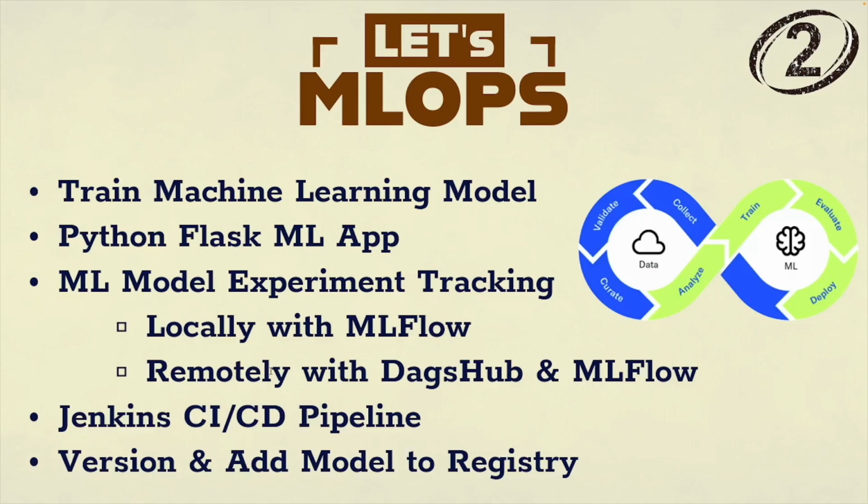To do the remote experiment tracking, I'll automate it using a Jenkins CI/CD pipeline. And then after we generate our model and the artifacts, we will version it and then add the model to a registry.